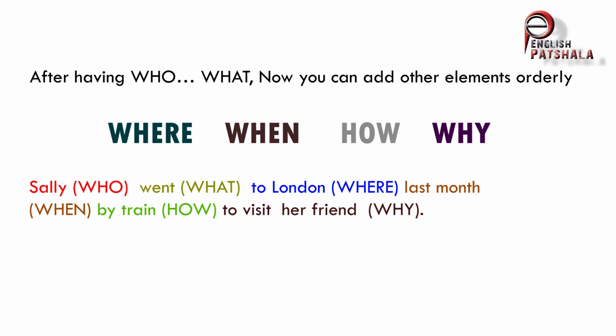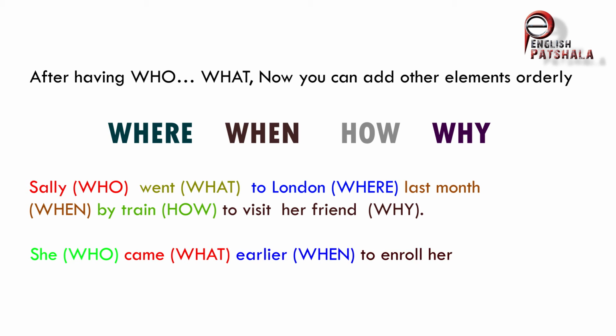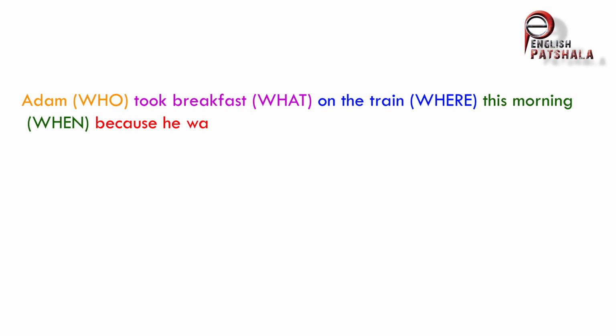And she came earlier to enroll her name. Here she is who. What came, when earlier, why to enroll her name. Another one. Adam took breakfast on the train this morning because he was late.